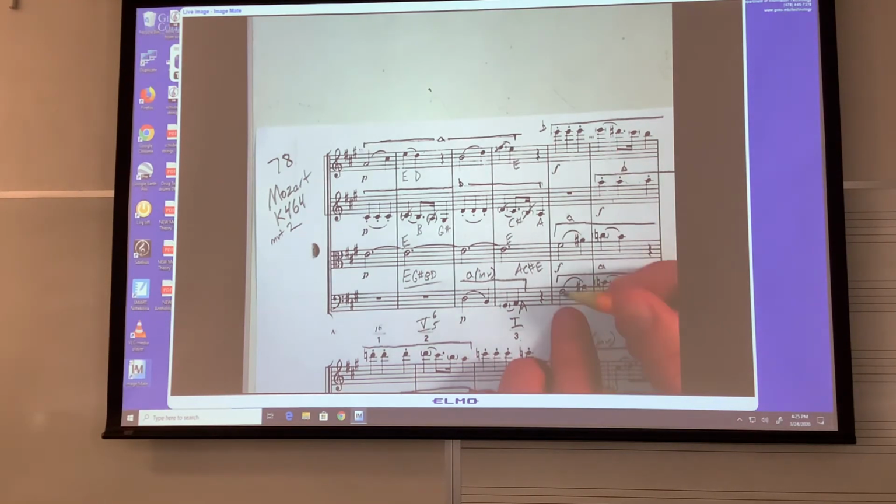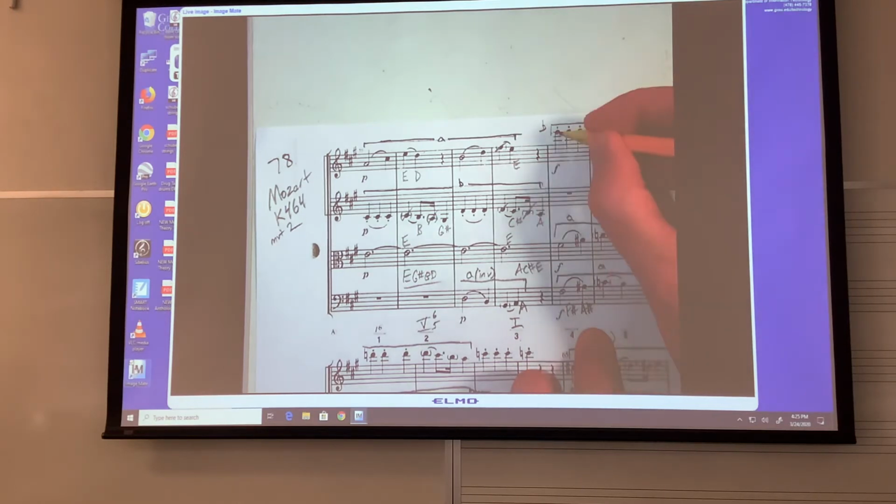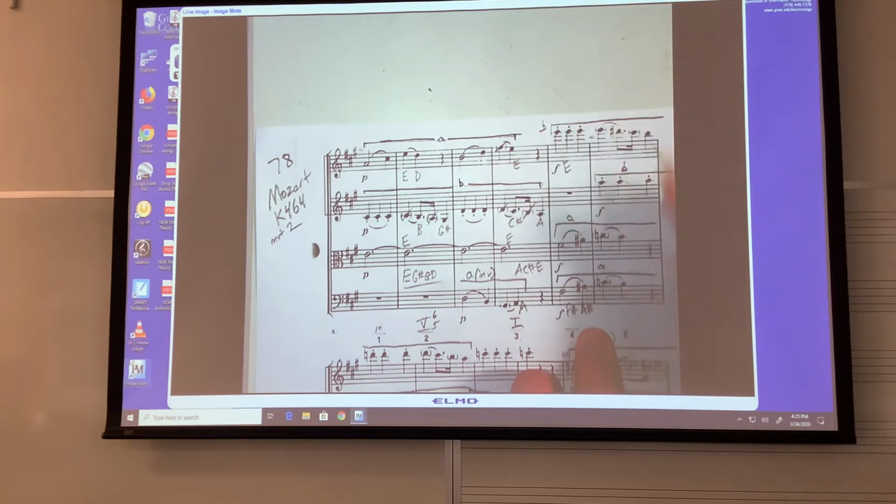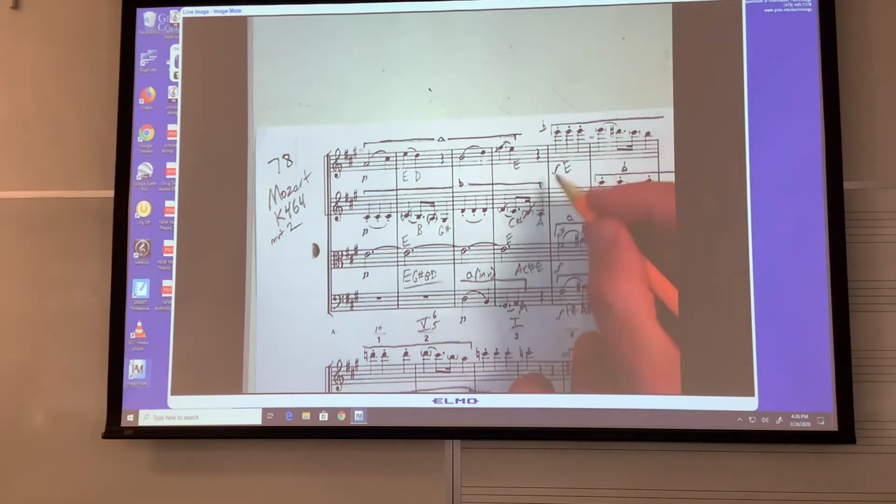We have F sharp and A sharp and E. And it looks like the viola in alto clef is playing the same thing as the cello. So we have to figure out F sharp, A sharp, and E.